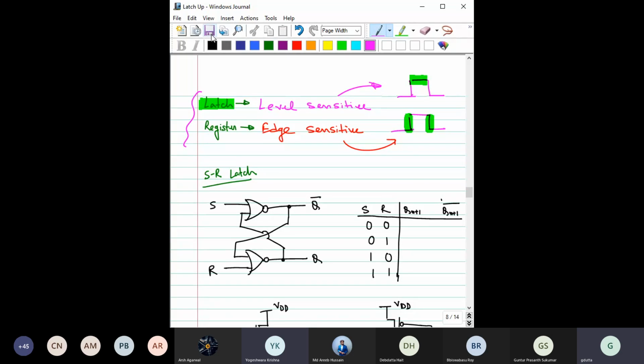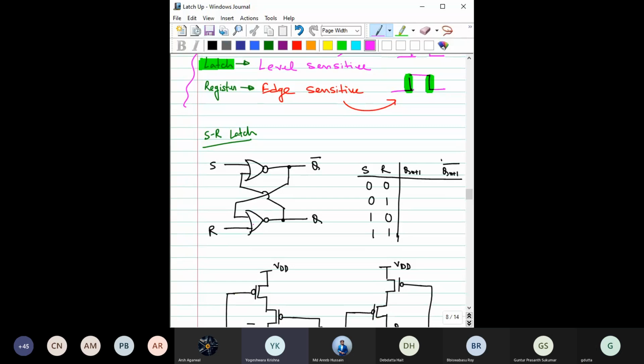That's why in many places we will try not to write SR flip-flop. We will write SR latch, just to say that this circuit should be sensitive to the level, not to the edge. Okay. Then the basic memory, the SR latch.